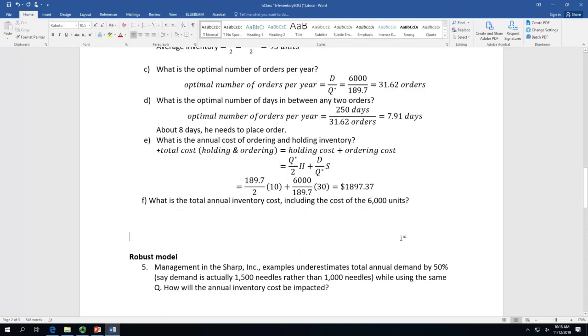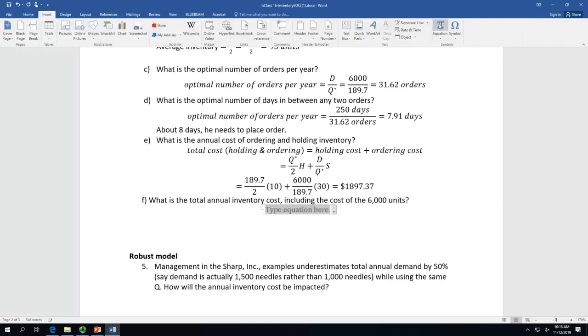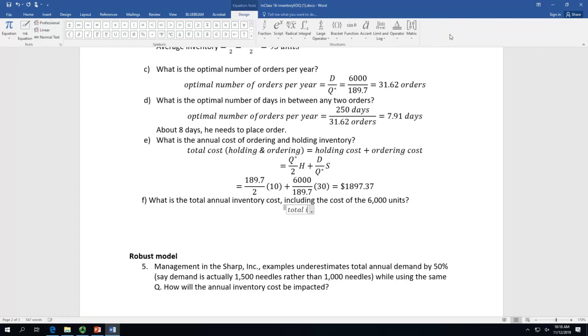And the last one: what is the total annual inventory cost? But they tell you to include the cost of the 6,000 units. So the total inventory cost equals 1,897.37, which we just calculated, plus the product cost.